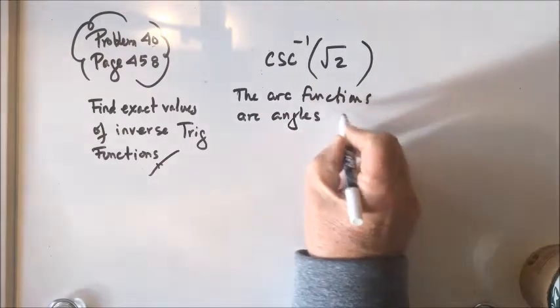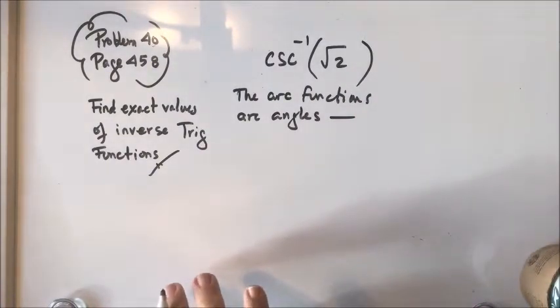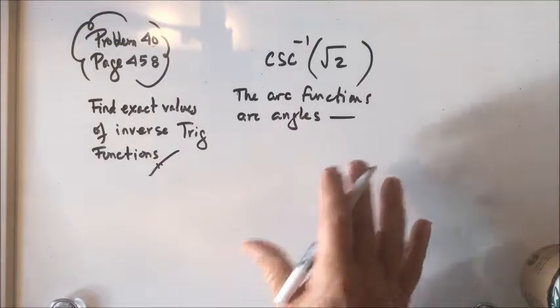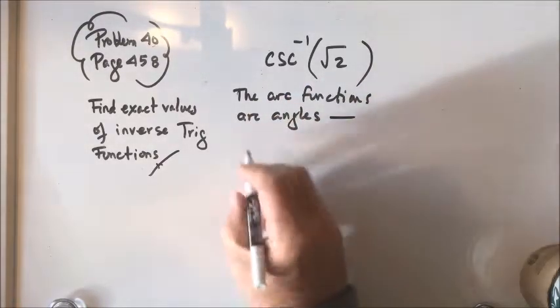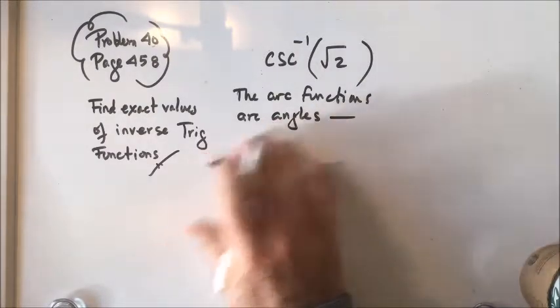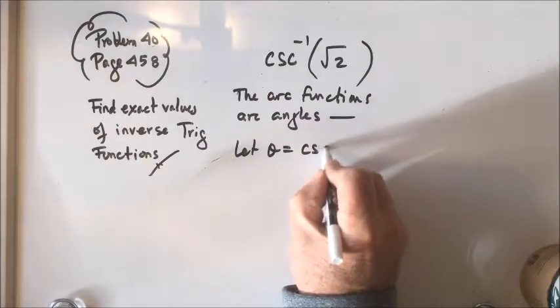Every time I write something like that, I think about the fact that the logarithms are exponents. Remembering both of those things is a good lead into problems, because if the arc functions are angles, let's just let theta be equal to this arc cosecant.